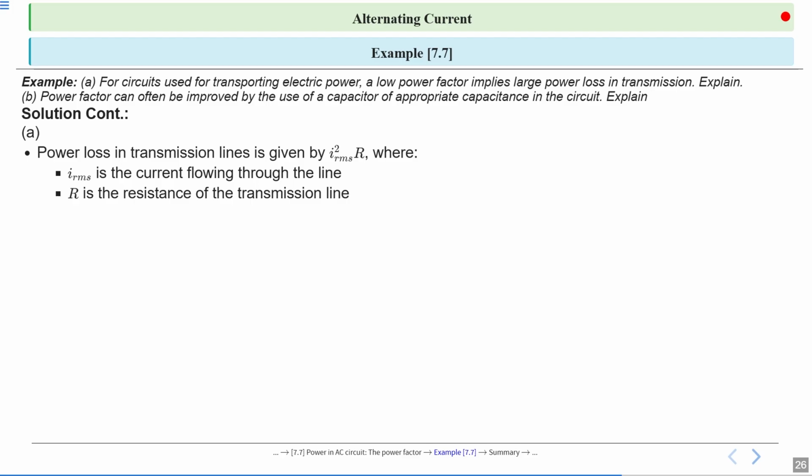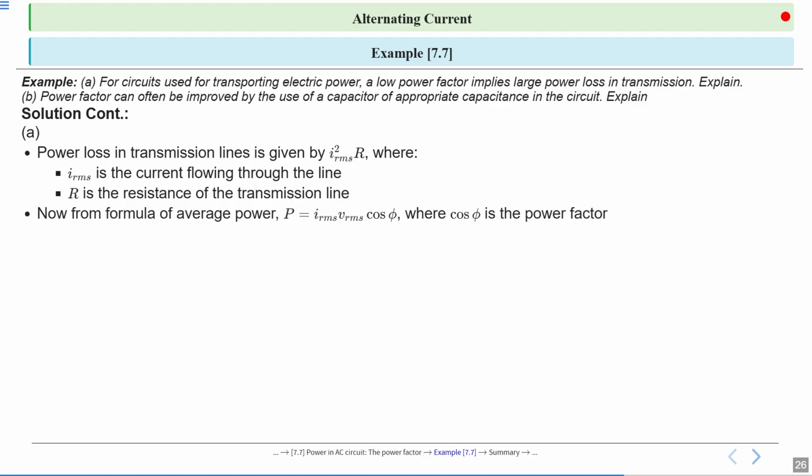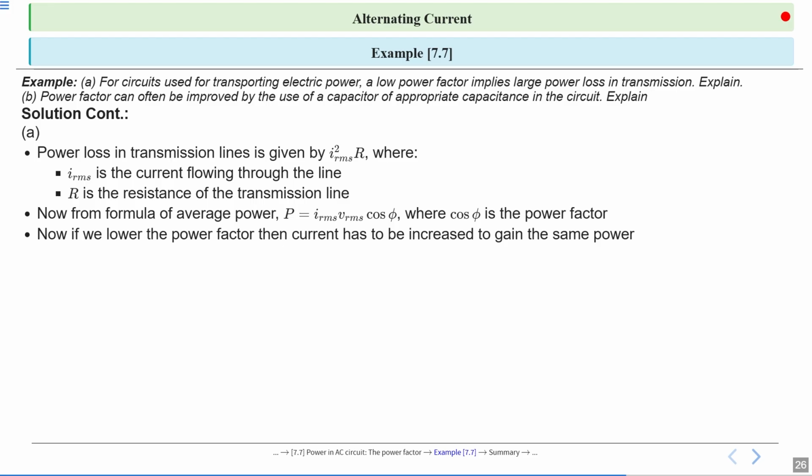IRMS is the current flowing through the line. Now from the formula of average power, P is equal to IRMS VRMS cos phi, where cos phi is the power factor. If we decrease the power factor cos phi, to gain the same power we have to increase the IRMS.